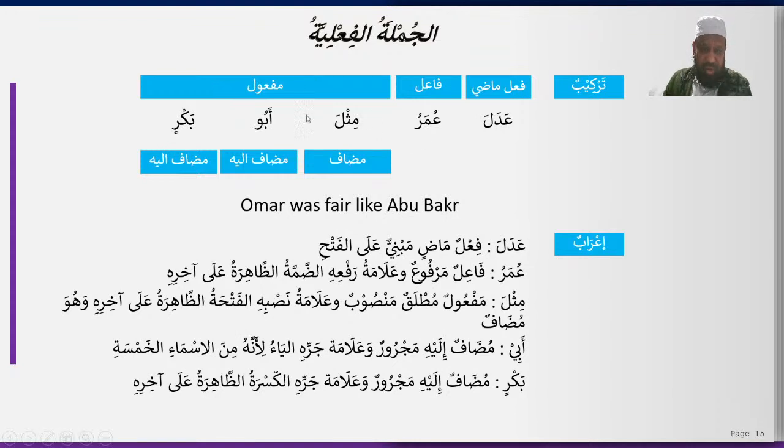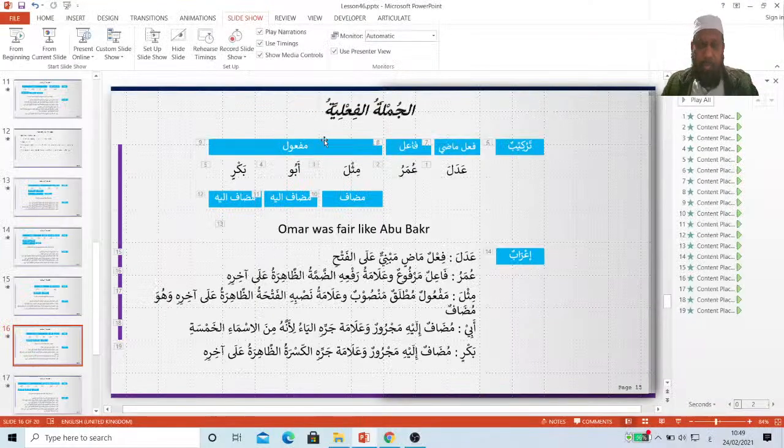Okay, so you need to concentrate a little bit. If the مثل is describing the fa'il in this sentence, it is going to be مفعول مطلق. So let's change that.